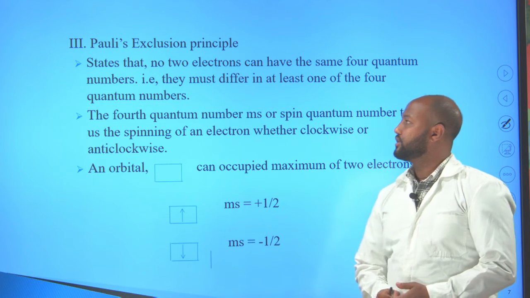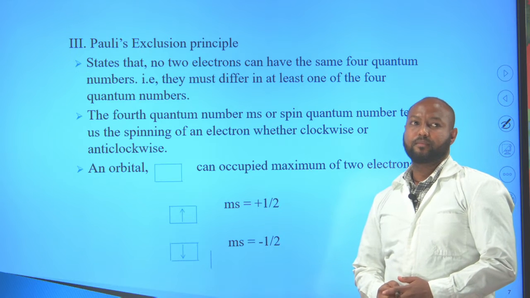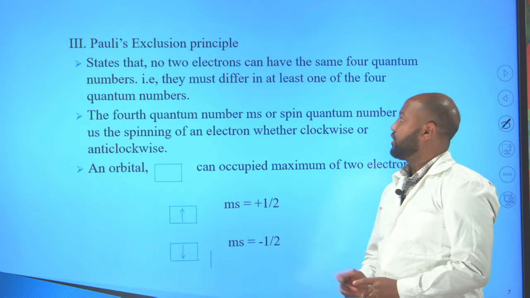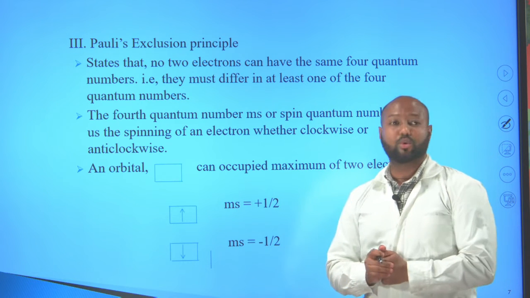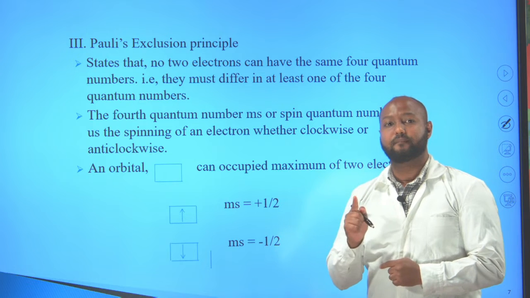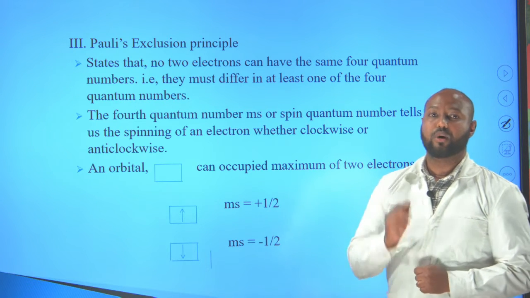Pauli exclusion principle. According to the Pauli principle, no two electrons can have the same 4 quantum numbers.